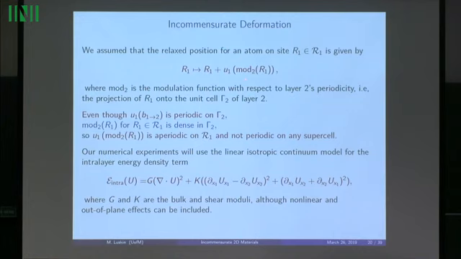So even though you have a continuum model that is periodic, we can actually extract an aperiodic atomistic structure from this, and that's what we will then feed into our density of states or our electronic models.